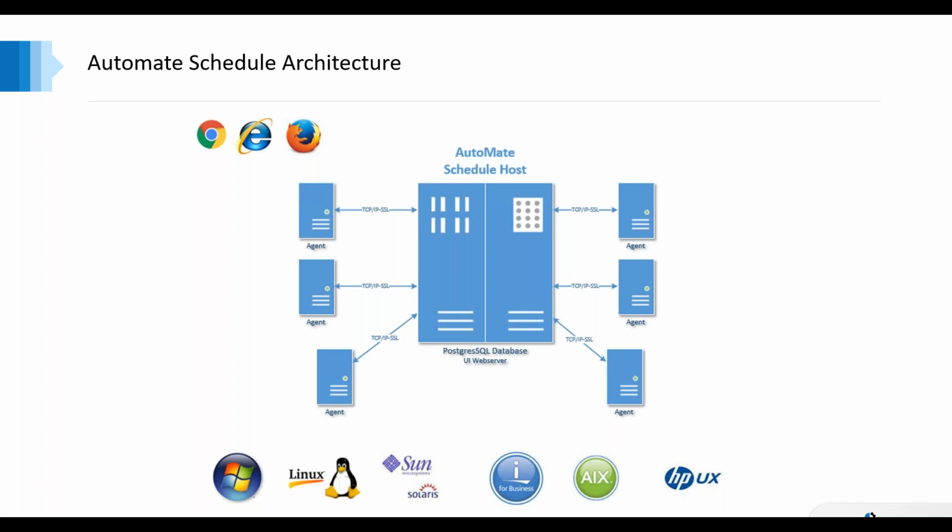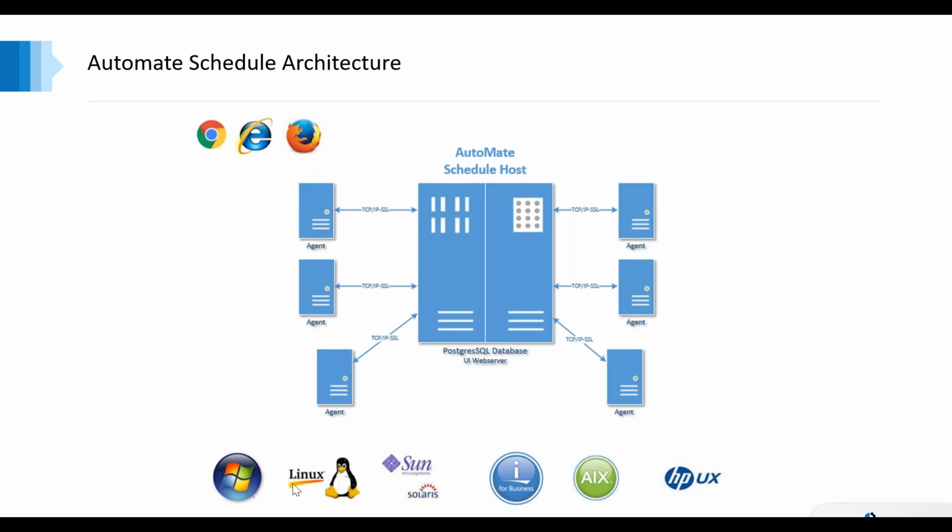So a little bit about the architecture, kind of like JAMS, we have a central server where the schedule is stored. We use a Postgres database as our backend, and this can be installed on Linux, AIX, or Windows, our central server. So it's kind of that hub and spoke type of an architecture. And then we install an agent on any of the servers or VMs where you need to execute jobs.